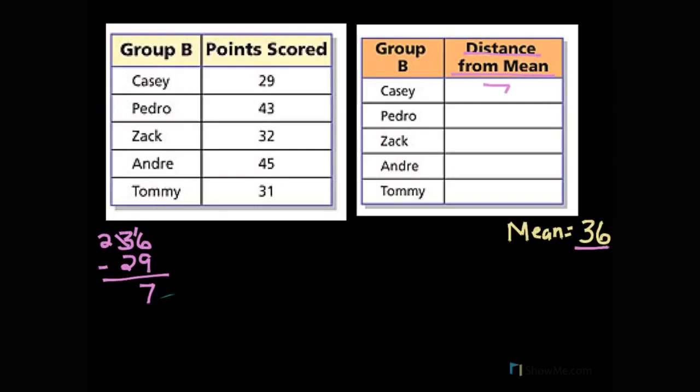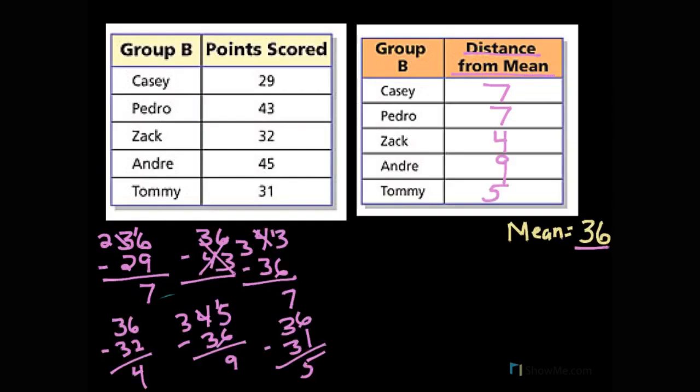Casey is 7 away. Pause the video and complete the next 4, Pedro, Zach, Andre, and Tommy. Check your answers with my answers. Make any corrections that you need.